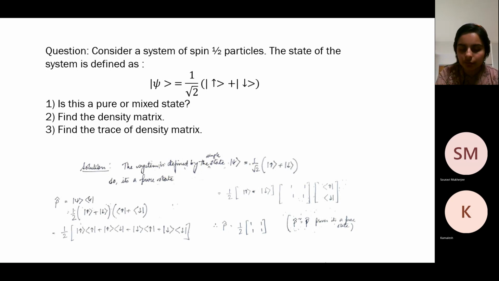Right. So it's half plus half equal to 1. But you can just tell it directly, you don't even have to look at this. Why? Because this is the property of the density matrix of a pure state, or even a mixed state. The trace comes out to be 1. Why is it 1? Because when you take the trace, you are summing over all the possible probabilities, and that is always 1.